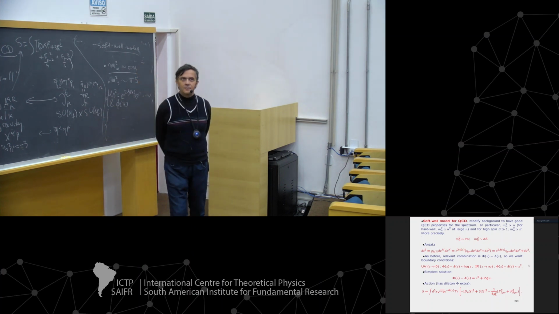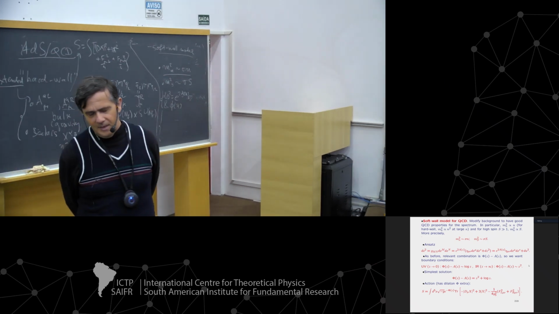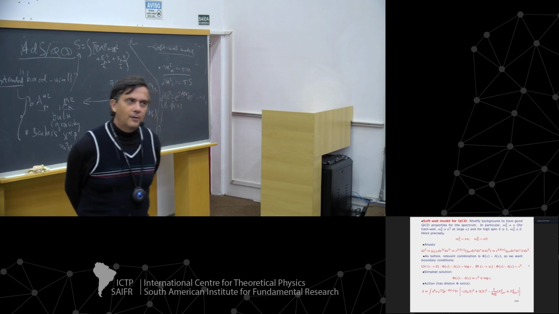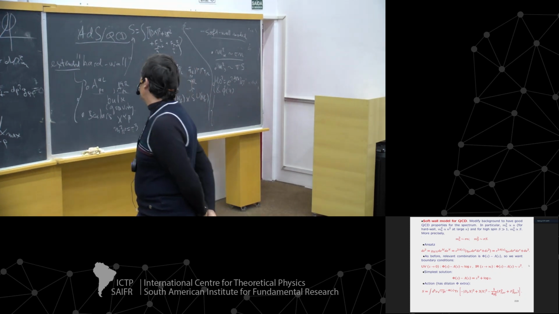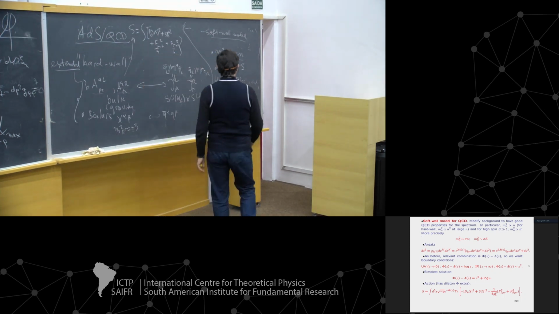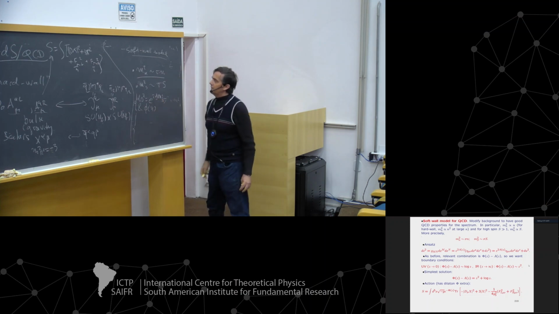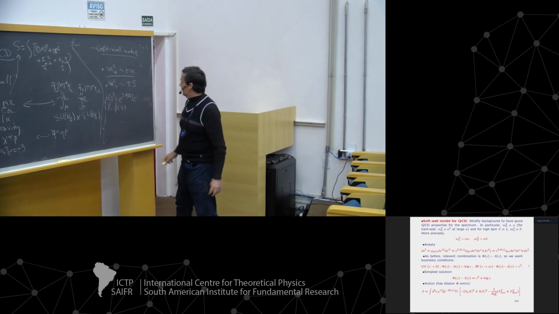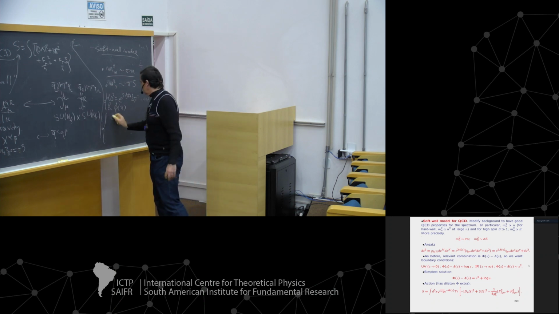Then we have to impose the same kind of behavior that we observed for our various top-down gravity models, namely that e to the 2A times e to the minus 2 phi was log-corrected AdS, or just AdS, which means in this notation phi of z minus A of z.